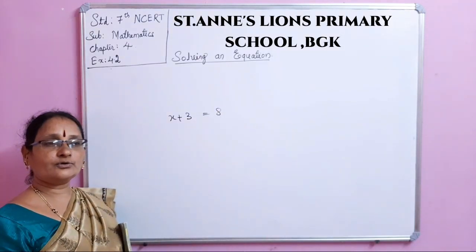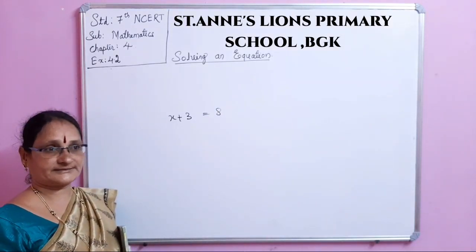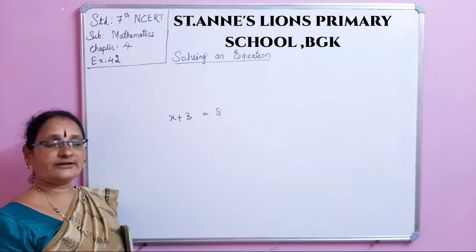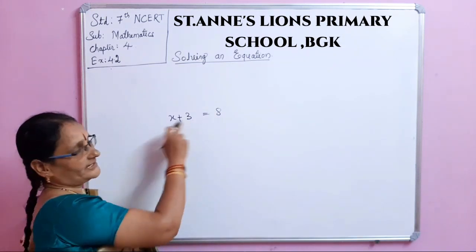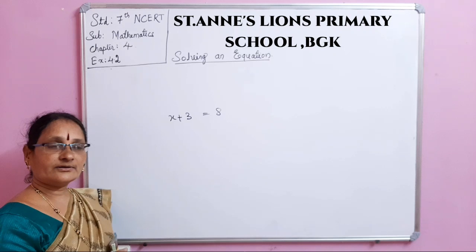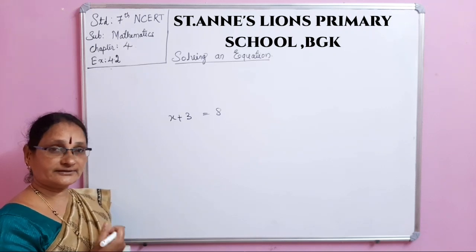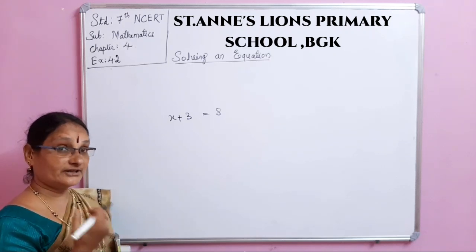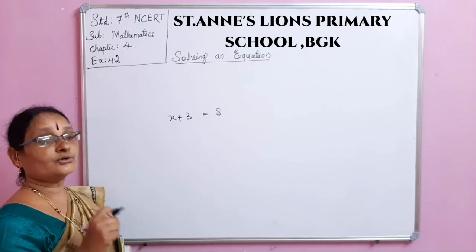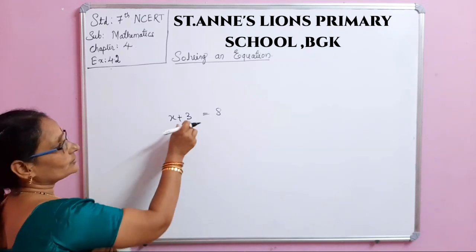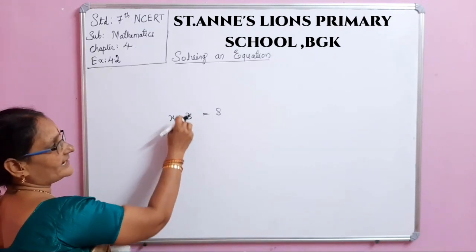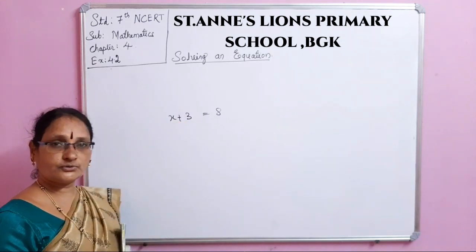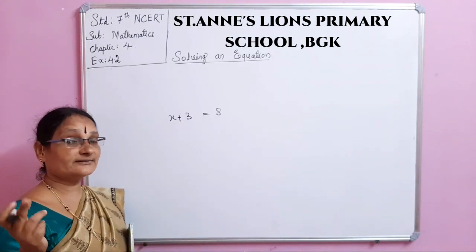Now here we have to find out the value of x. How to find out? Here along with x, 3 is there. How to send 3 or where to send 3? See here, to avoid 3 or to delete this or to cancel this 3, what we have to do? We have to subtract 3.